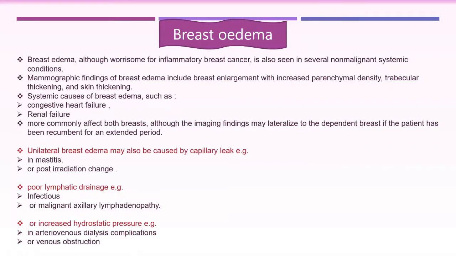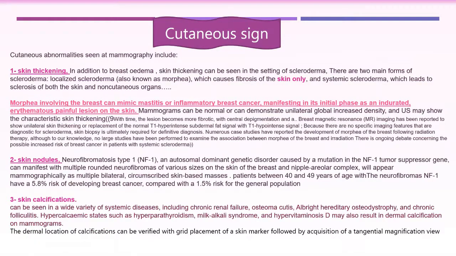Other cutaneous signs include skin nodules as in neurofibromatosis, skin calcifications, and systemic causes like chronic renal failure, scleroderma, or hereditary syndromes, and so on.